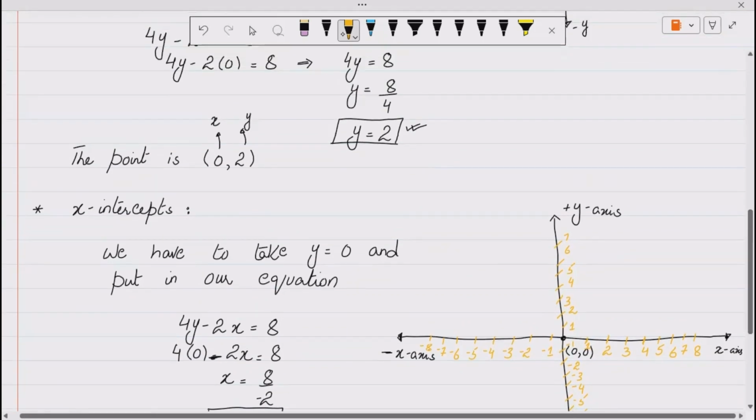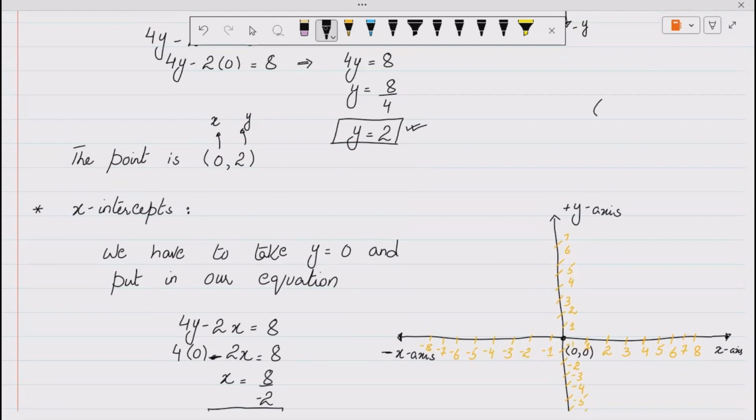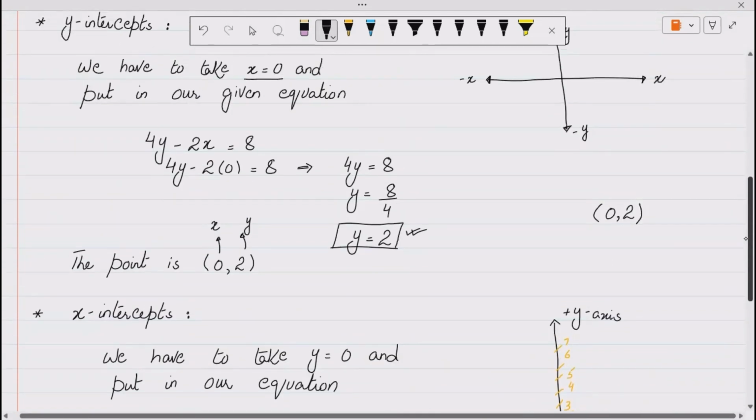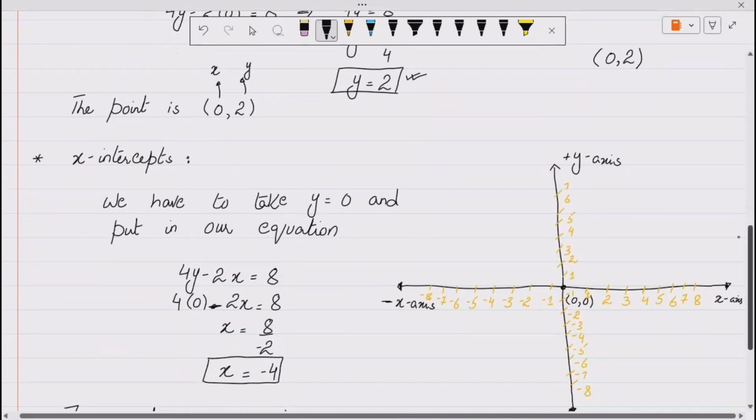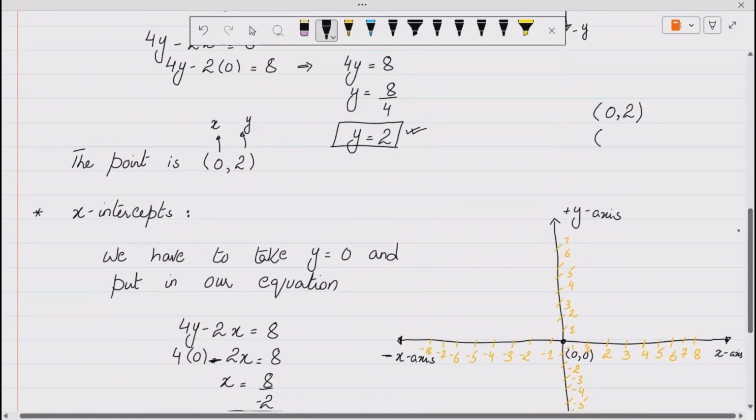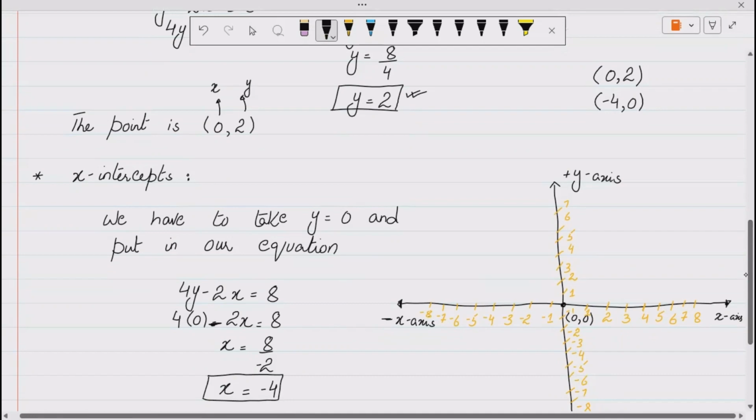You can see we have 2 points. The first point is (0, 2), which we found using the y-intercept, and the second point is (-4, 0), which we found using the x-intercept.